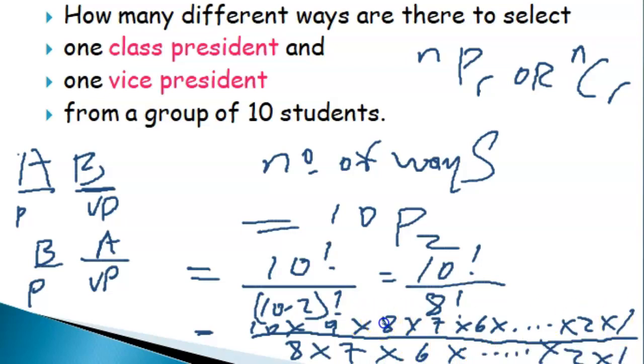So 8 factorial in the numerator cancels 8 factorial in the denominator. We're left with just 10 times 9, and that's 90. So there are 90 ways of selecting 2 persons from a group of 10 to be president and vice president of the class.